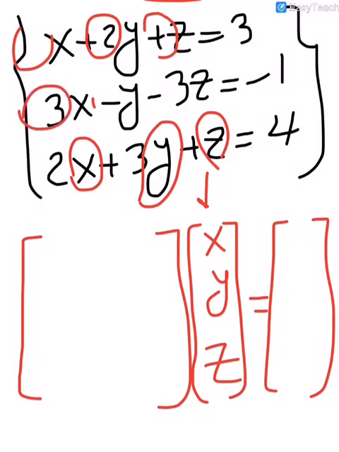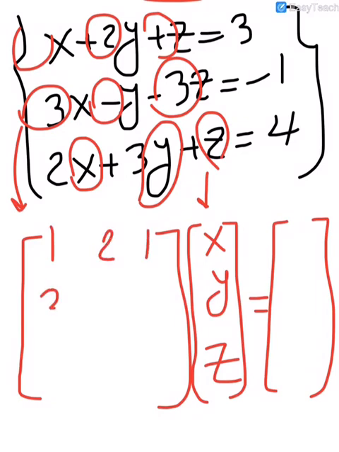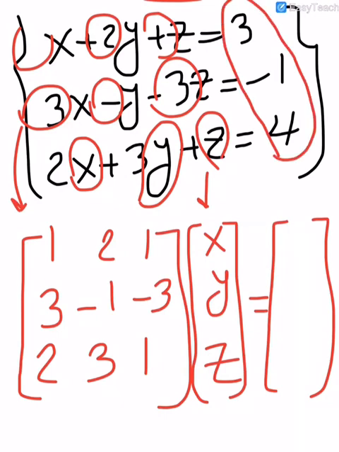You see these coefficients as a matrix, so it's going to be 1, 2, 1, 3, minus 1, minus 3, 2, 3, 1. And then you take the answers as a column vector and you put it here: 3, minus 1, and 4.